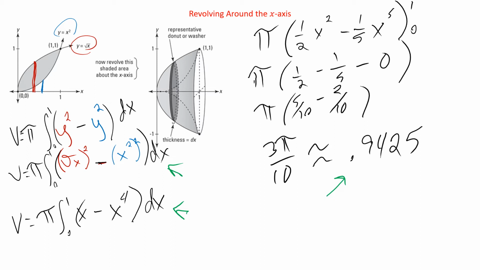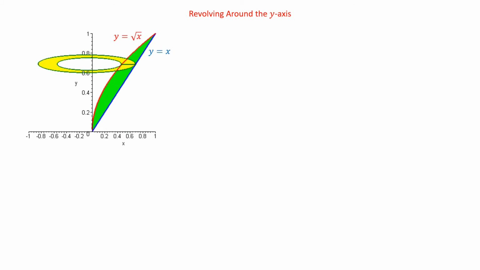The y-axis is going to be the same, except we're going to have x squared minus x squared dy. So if we have our shape, we have y equals root x, we have y equals x. We're revolving around the y-axis, which means our big radius here is going to go out to the blue line, and the small radius is going to go to the red line.